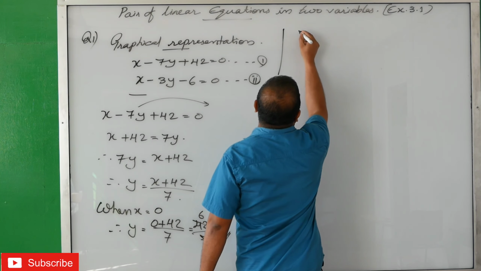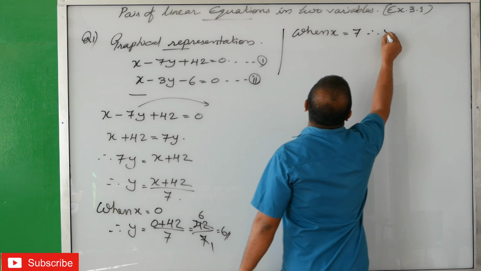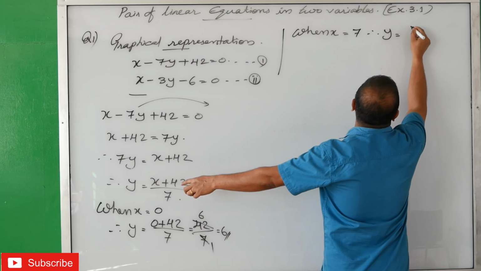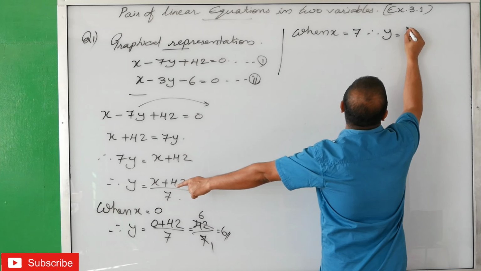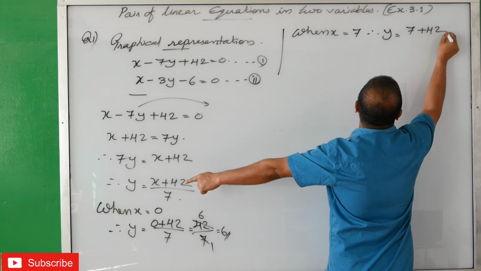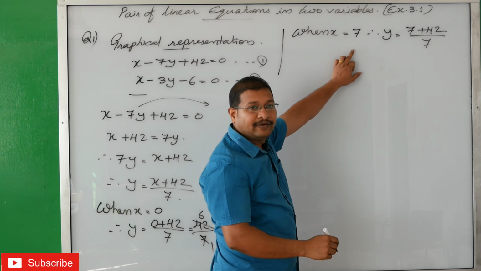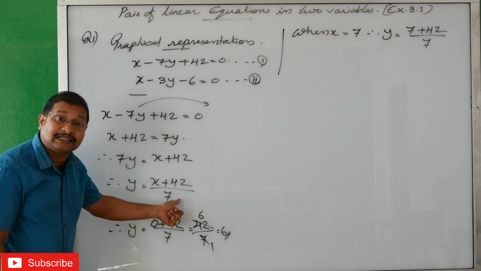Let's put the next value. When x equals 7, therefore y equals, what will happen? y equals x plus 42 by 7. But in place of x, what will we put? 7. 7 plus 42 by 7. We took x equals 7, and we know the value of y is x plus 42 by 7, isn't it?